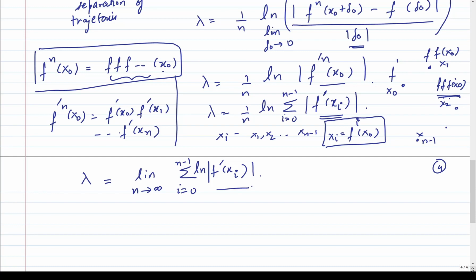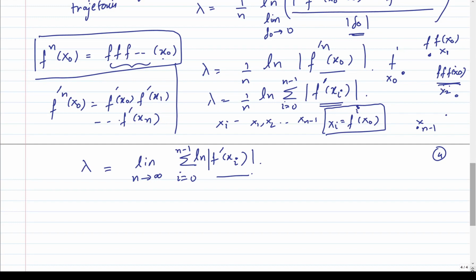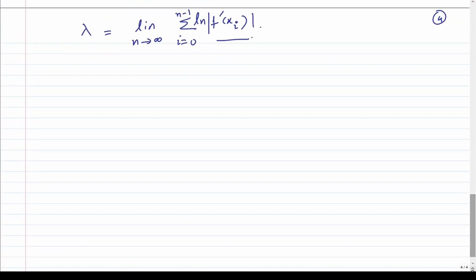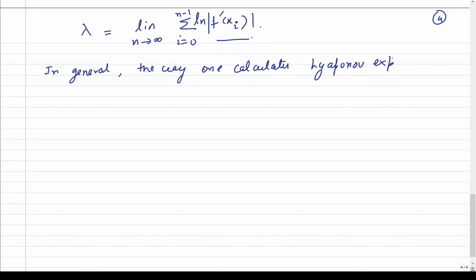So now, the thing to keep in mind is that in general, a lot of these calculations are done numerically, but when one calculates the Lyapunov exponent, two things need to be kept in mind.